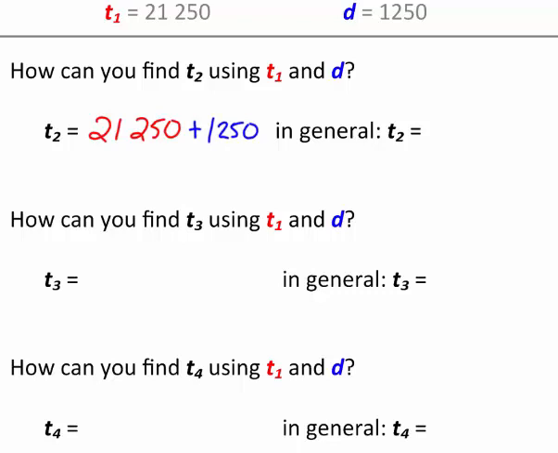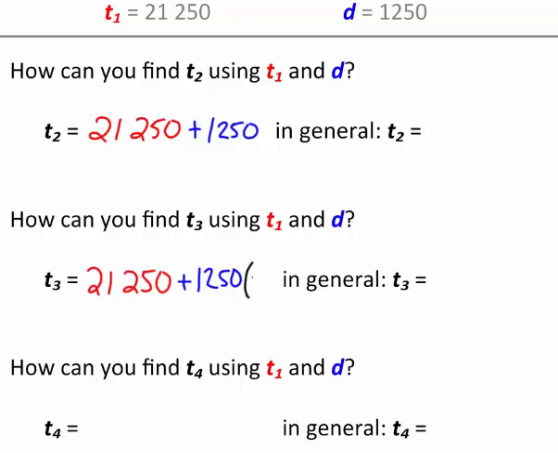Now let's try T3. If we think back to starting with T1, we've got our $21,250, and we're going to have to add our raise in year 2 and add our raise again for year 3. So what we're really doing is we're adding the $1,250, but we're doing that 2 times.